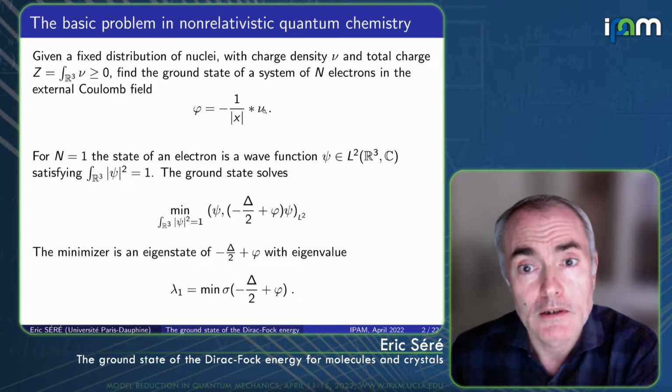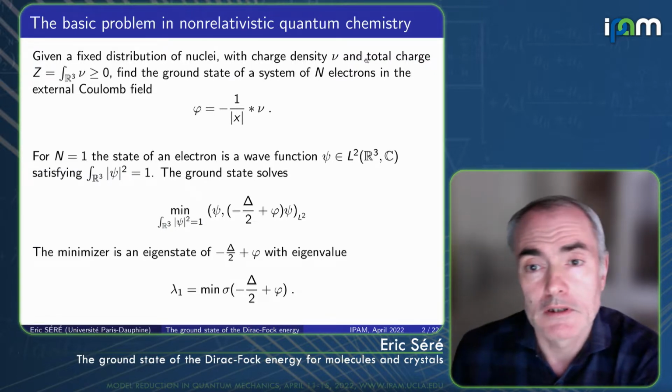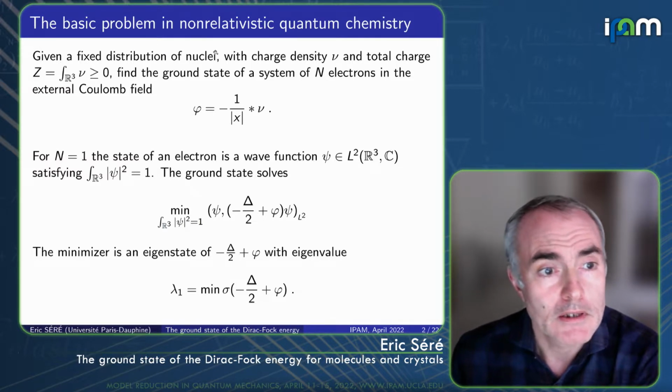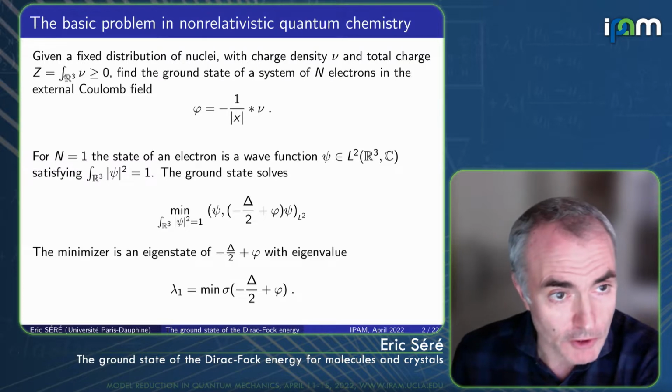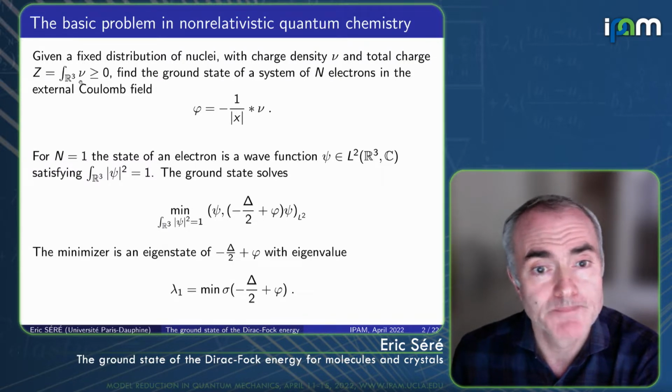This charge density is supposed to be fixed. I am not interested in optimizing the geometry of the molecule. And I call capital Z the total charge of this nuclear density.